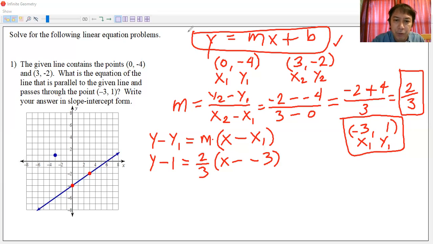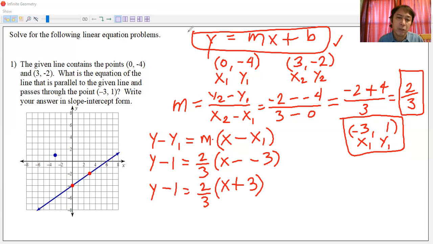So this will be 2/3, and this minus negative will become plus, so y minus 1 equals 2/3 times x plus 3.